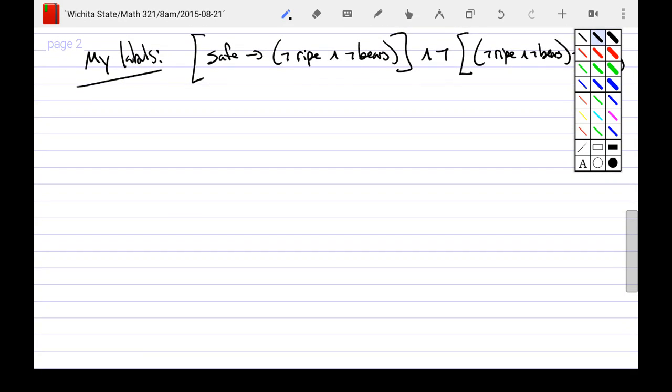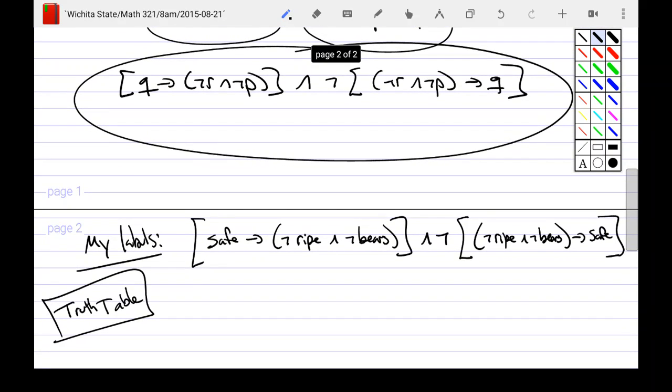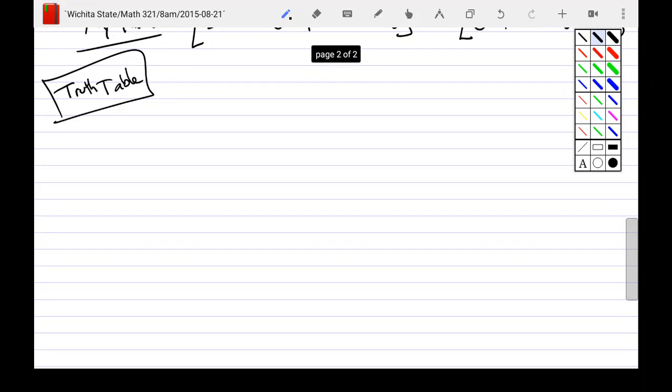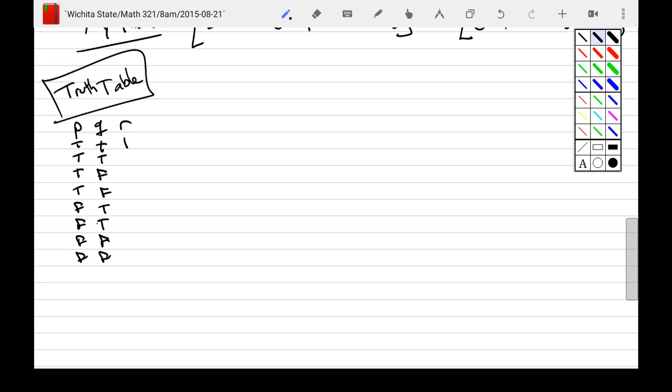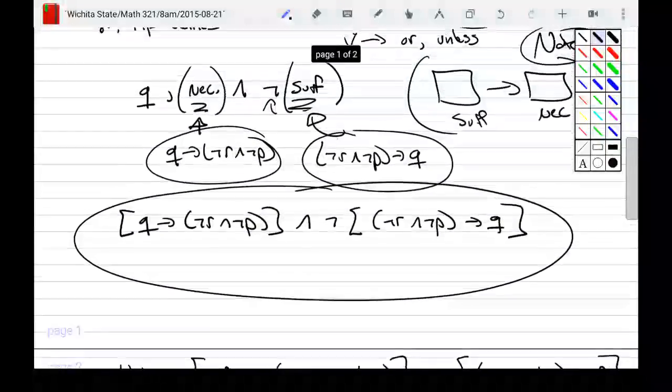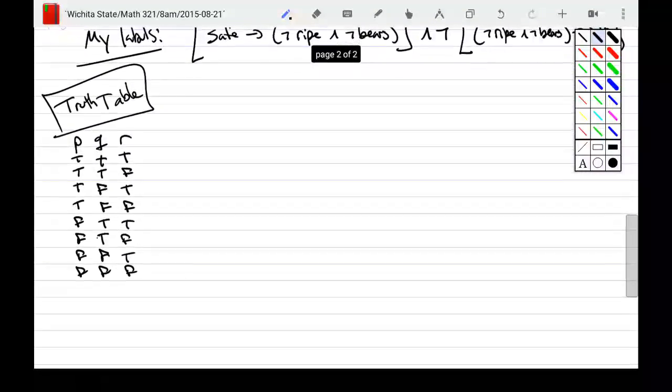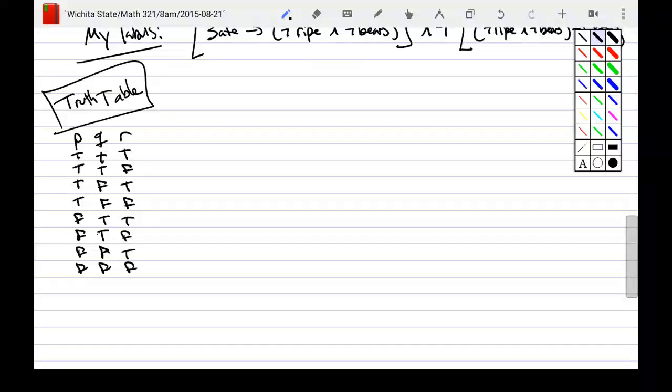So if I use the P, Q, and R, I would have three variables, and you would go true, true, true, true, false, false, false, false, and so on for the other columns. P is, this is where you pick bad names, P was bears, Q is safe, R is ripe. So that would be whether you saw a bear, whether it was safe to hike, and whether there was ripe berries. And then you would go through this and make your truth table.